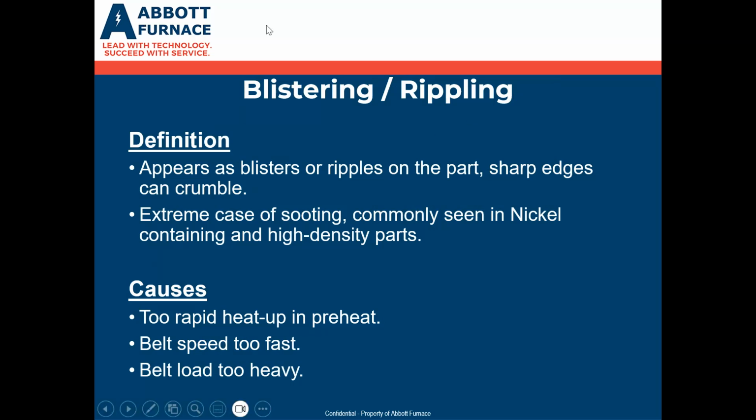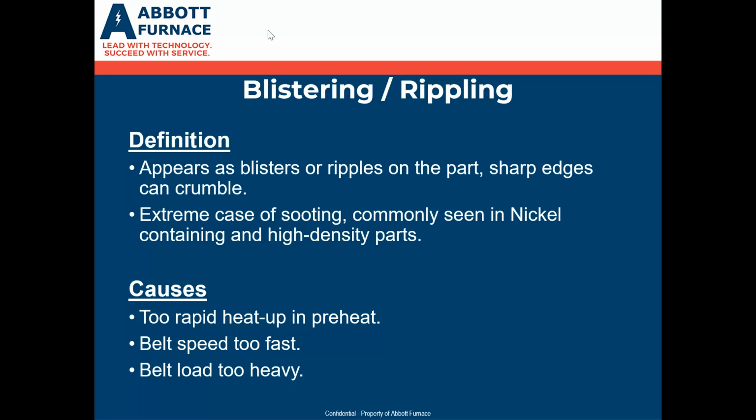Blistering, rippling, again, if you look at it under a microscope, it almost looks like little cracks on the part. What happens is the lubricant doesn't have enough time to melt and become a liquid and work its way to the surface and be flushed away. It just goes from a solid to a gas, and then the gas will work its way to the surface.